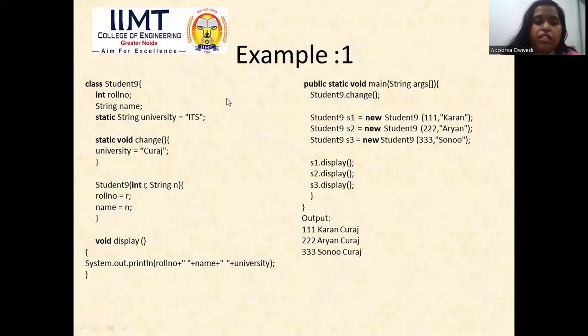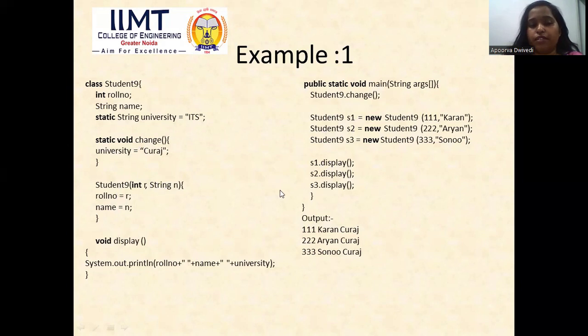When the change method is called, it will come here and we will see the change method is inserting the value QREG in the university in place of ITS. It will replace ITS, and then for Student9, this constructor is getting the value for roll number and name.